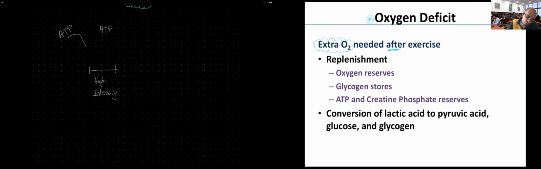I will borrow the stored ATP. I will borrow the creatine phosphate. I will be consuming glucose and breaking it down in the absence of oxygen in anaerobic glycolysis. So I'm borrowing during exercise. I need this extra amount of energy for now.